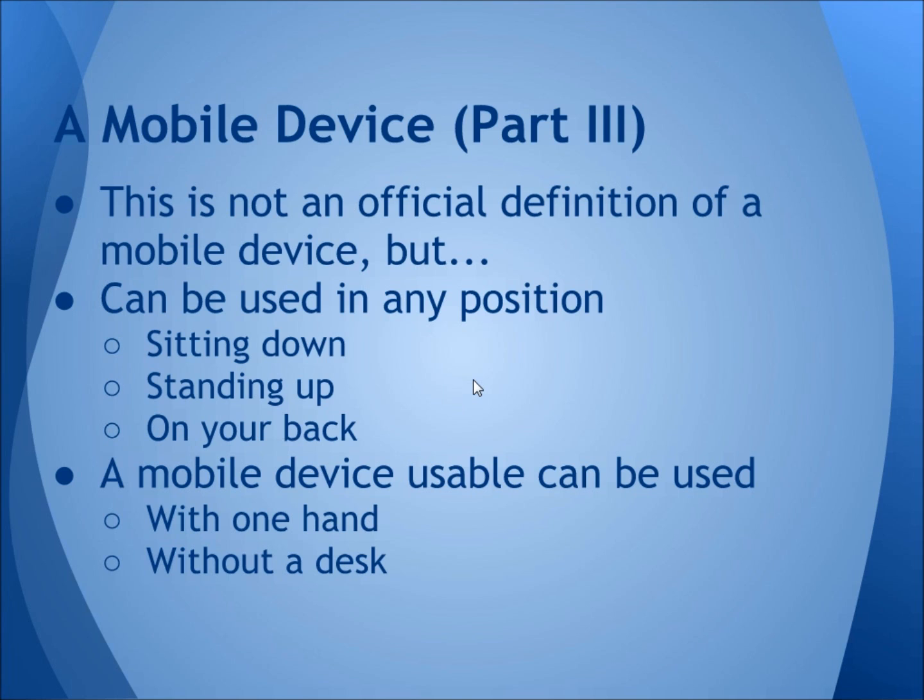So another thing about it is you can use it with one hand. That's another really nice thing. Sometimes you want to be doing two things at once, or you want to be reading at night. You don't want to hold both hands up. You can hold up a phone with one hand and read a book, a Kindle book or something like that on your phone. And this one-handed thing is another way.